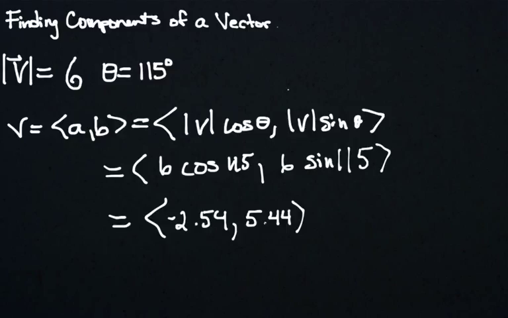The question said, find the components of the vector if the magnitude was 6 and the direction was 115 degrees. No big deal. The question said, find the vector components for a vector that has a magnitude of 6 and a direction of 115 degrees.